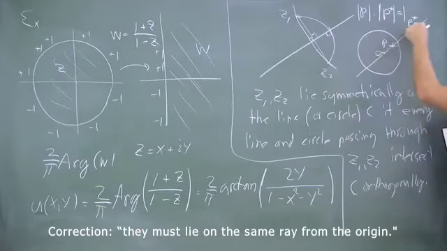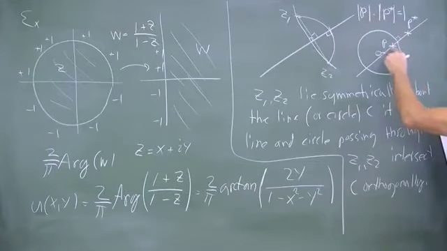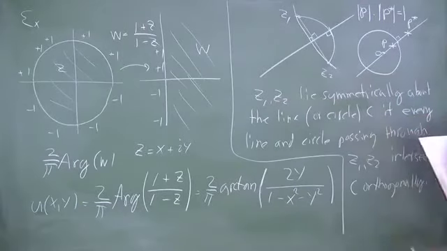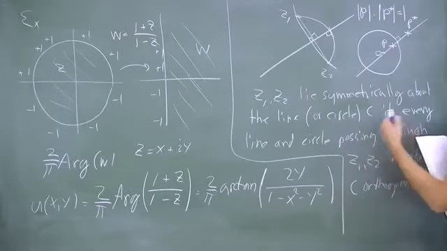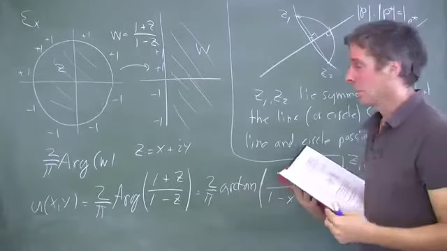Otherwise, not even this line would intersect orthogonally here. But in this situation, when you have this condition, then it turns out that every circle through these 2 points will intersect this circle orthogonally. And the interest of this concept with symmetrically lying points about the line or a circle is that it's conserved under Möbius maps.